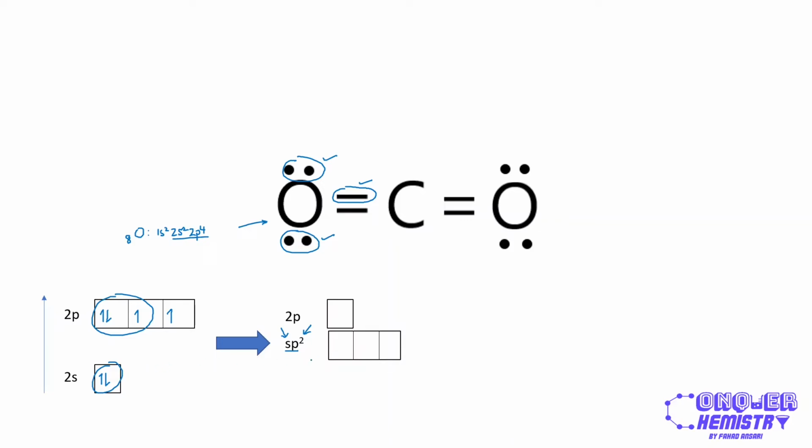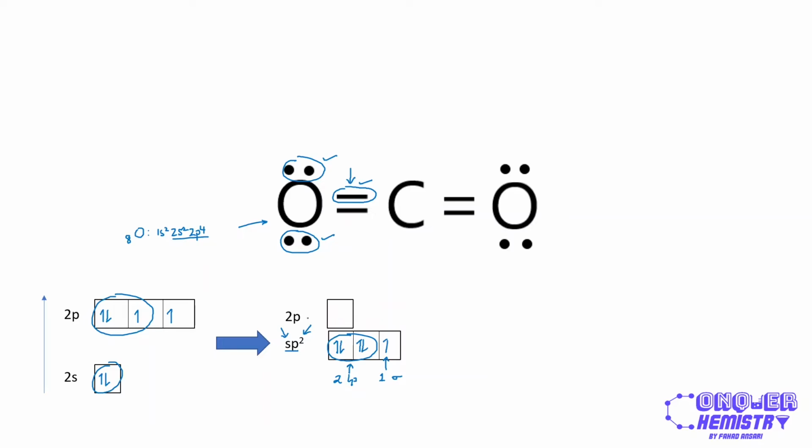So two electrons from the s, two electrons from the first p orbital, and one electron from the second p orbital. These two sp2 hybrid orbitals will carry the two lone pairs, and this one will be used to form the one sigma bond that I highlighted right here.